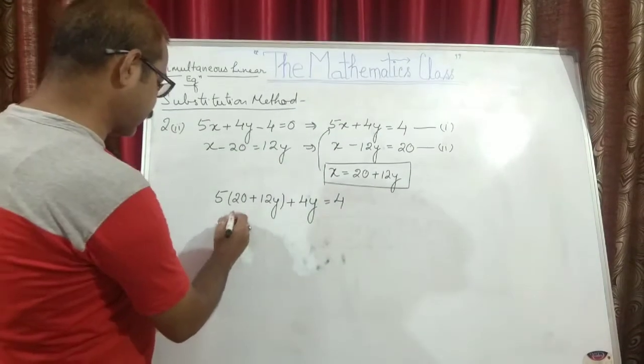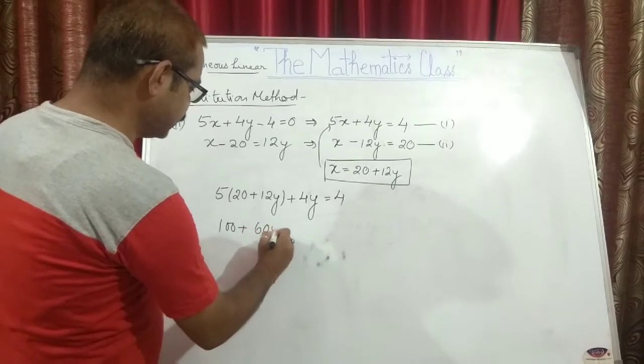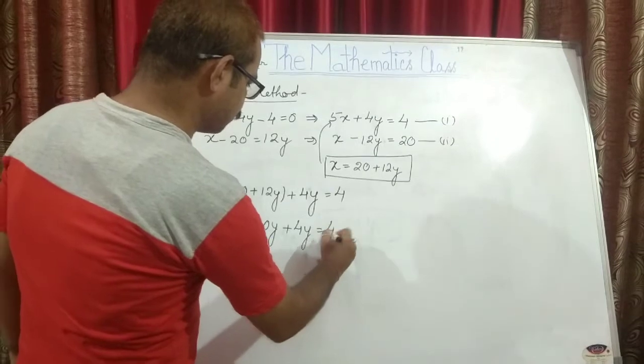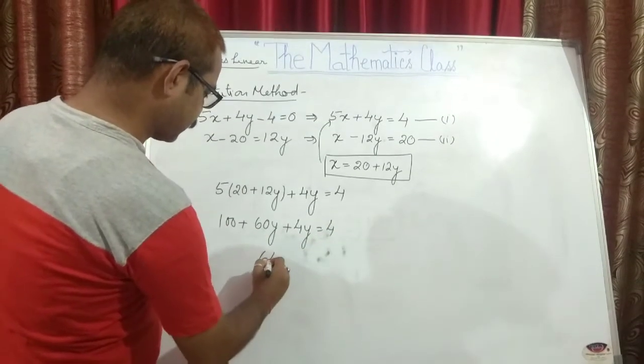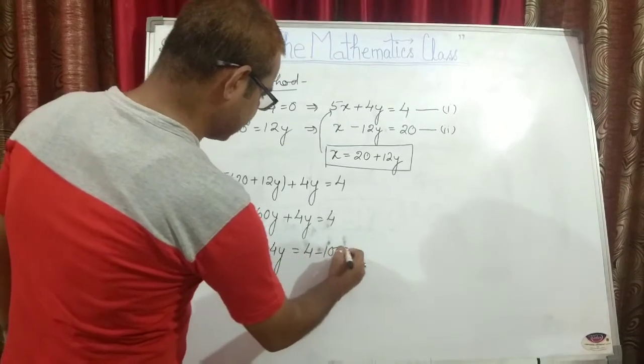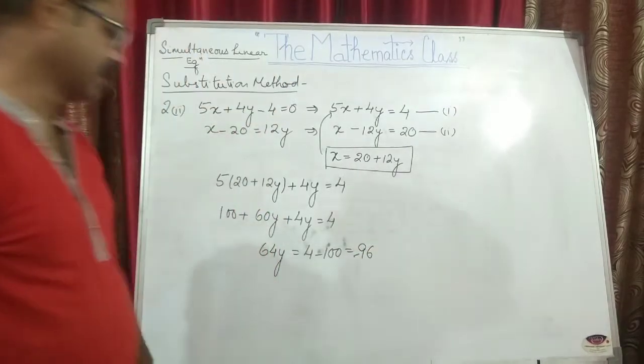Now when you solve this, 5 times 20 is 100, 12 times 5 is 60y, plus 4y is equal to 4. So 64y is equal to 4 minus 100, that is, I hope, minus 96.